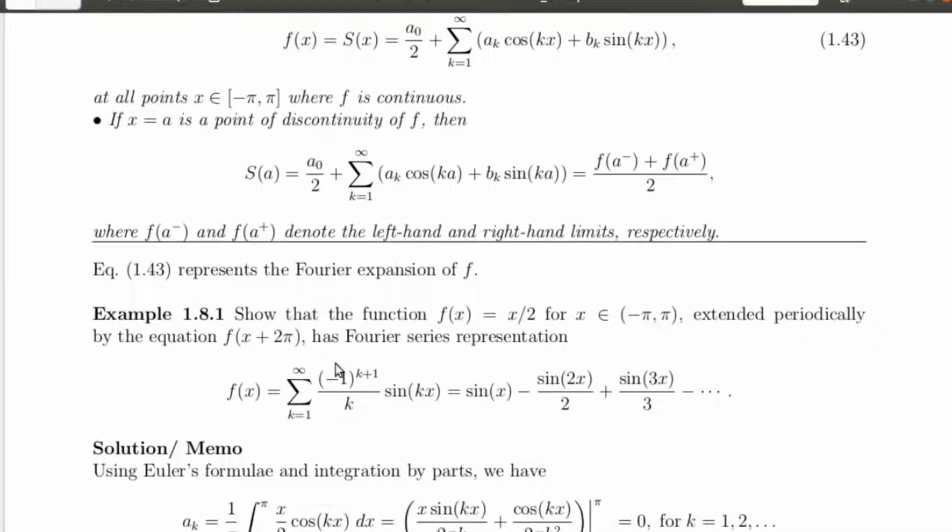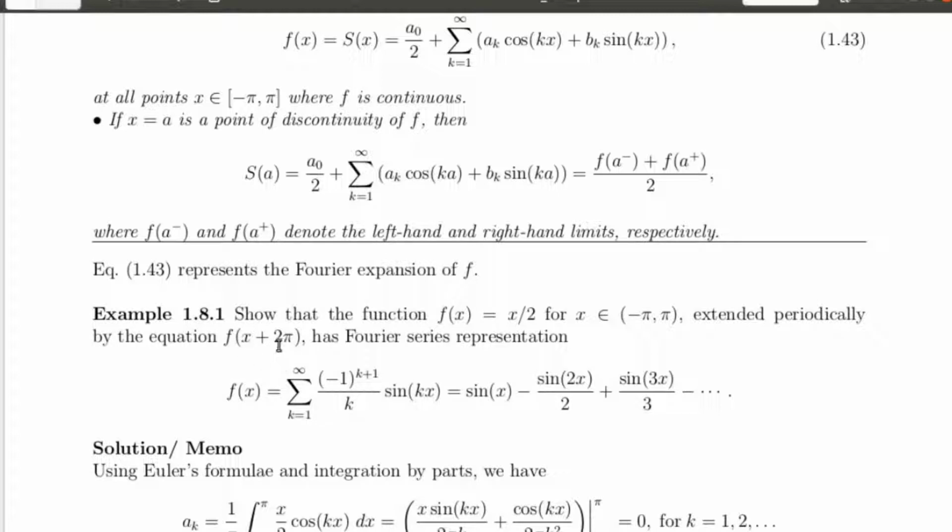Okay, so let's look at the particular example. Let's compute the Fourier series of this function f of x equal to x by 2 for x in the interval negative pi, pi, and the function is extended periodically over the real line by the equation f of x plus 2 pi equal to f of x.